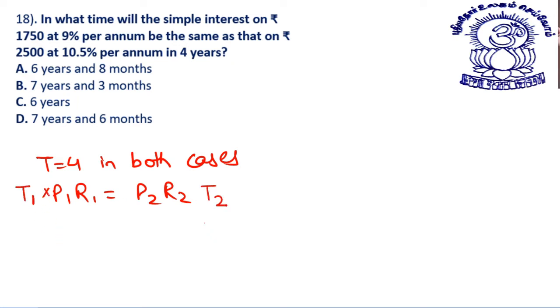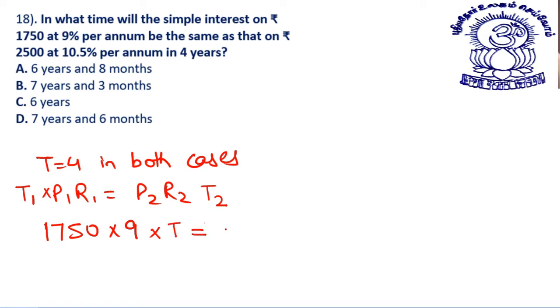So T1 into P1 R1. See, what is the P? P is 1750, rate of interest is 9%, and the time we have to find out.